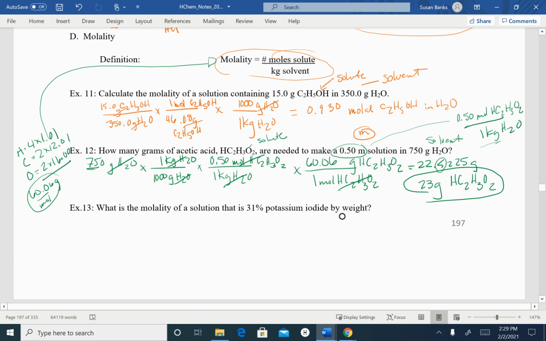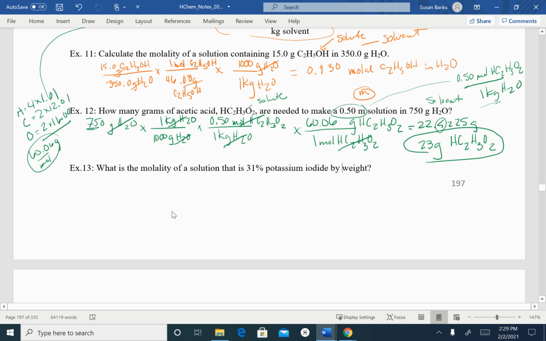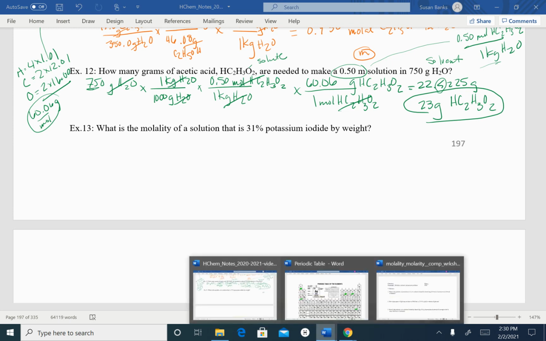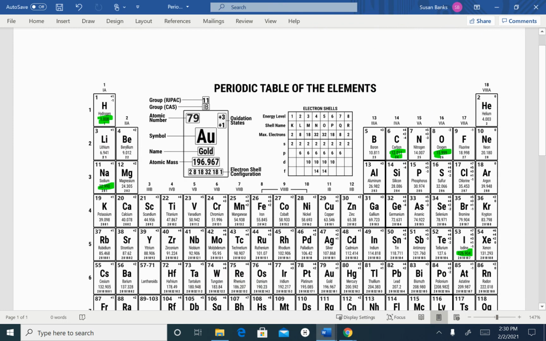Okay, example 13. What is the molality of a solution that is 31% potassium iodide by weight? Okay, so there are a couple things that we've got to do here. One, we've got to figure out the formula for potassium iodide. So if I look at my periodic table, potassium is in the first column, so it's going to have a +1 charge.